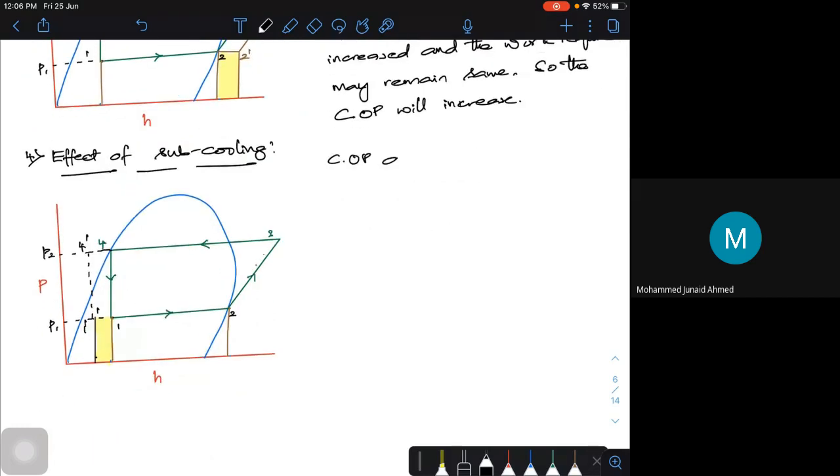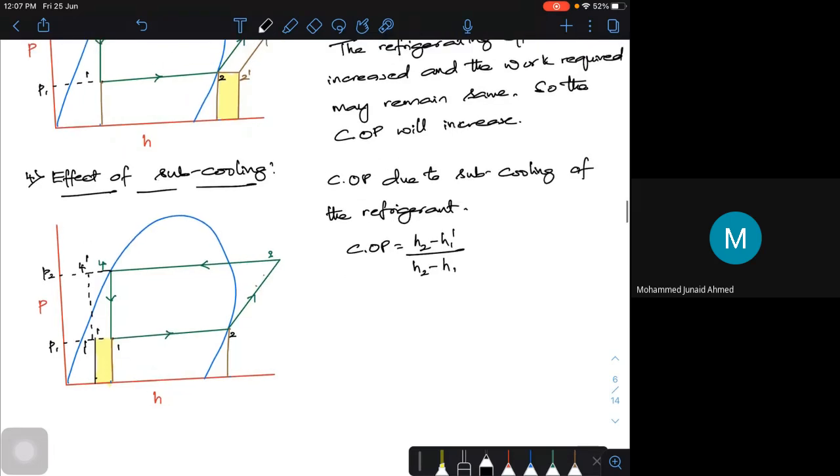Now, COP due to subcooling of the refrigerant. What will be the COP for this? This will be H2 minus H1 dash divided by the same work, H2 minus H1.